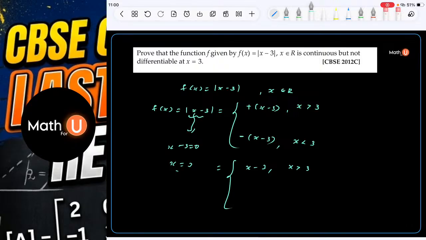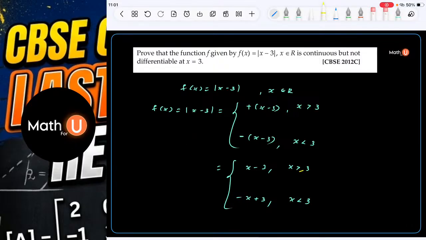If you multiply minus inside, we get minus x plus 3 for x less than 3. You can take the equal symbol on either side, anywhere you want. First you should define the modulus function like this. The function is defined like this.